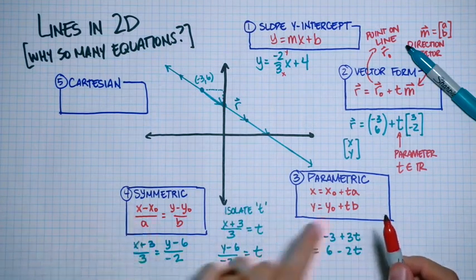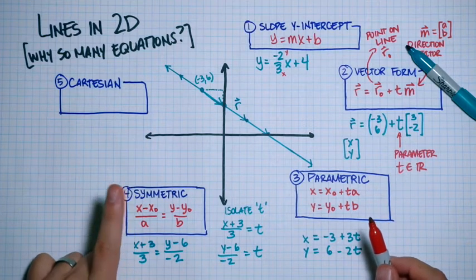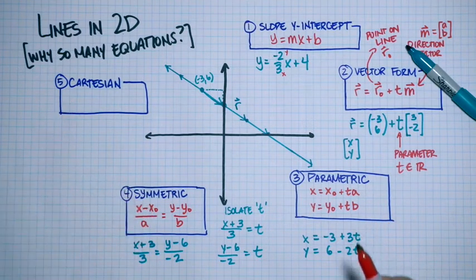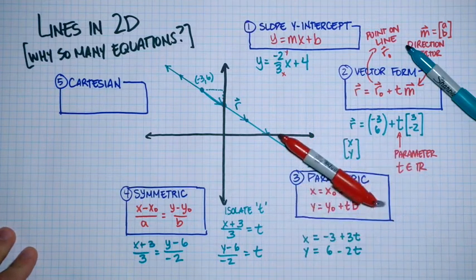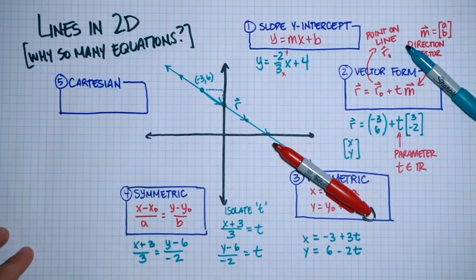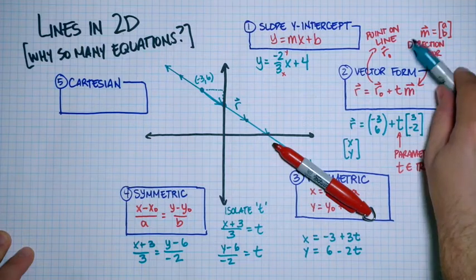So we've gone from parametric to symmetric, now we can go from symmetric to Cartesian, what's called the Cartesian equation of a line. And the Cartesian equation is just this basically rearranged algebraically. Cartesian's special because all we do is we have to isolate all the terms in this equation and set it equal to 0. So how could we set this whole equation equal to 0?